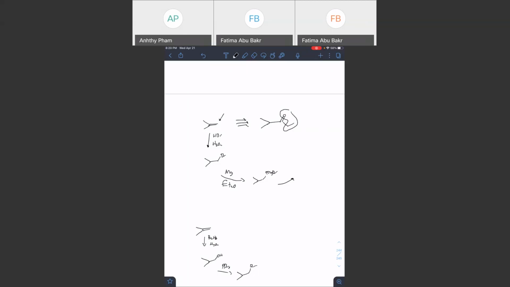But in the answer key. But if I were to just continue from here, because now I know that what I'm doing is wrong, I would probably react this with something like this, right? And so that would get me here.